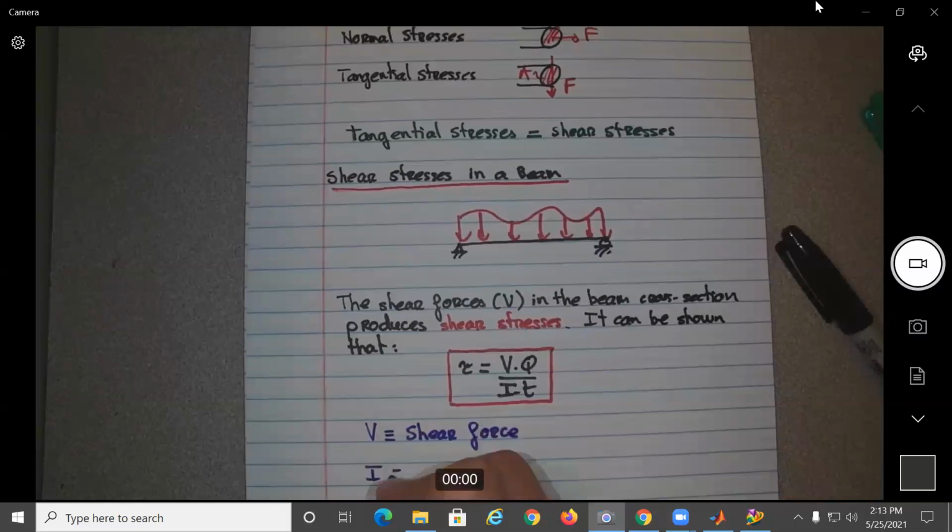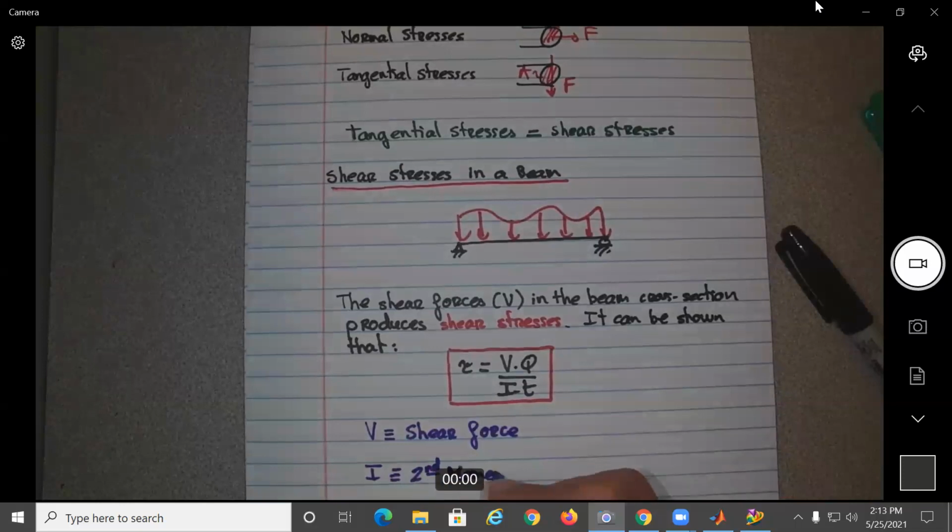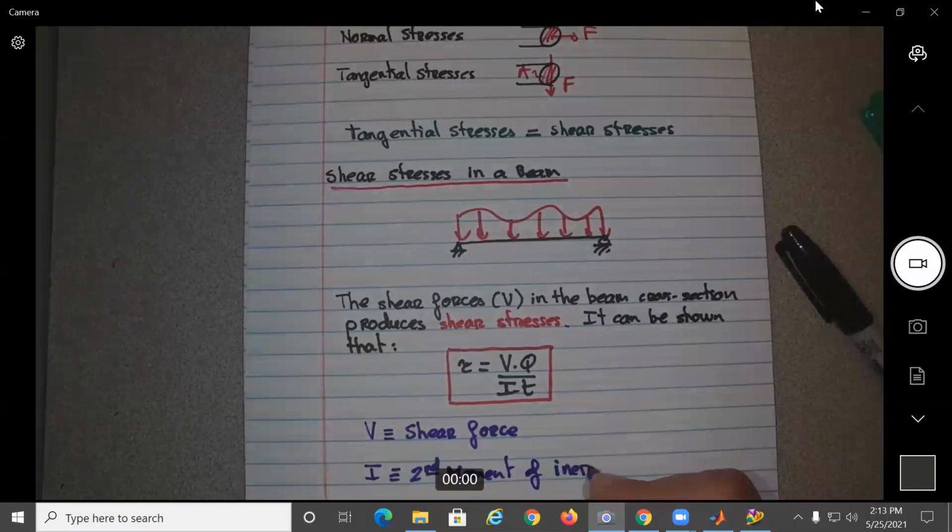I'm going to start with the easy one, I, the second moment of inertia, or moment of inertia. Q will be our first moment of area. And T is just the thickness.